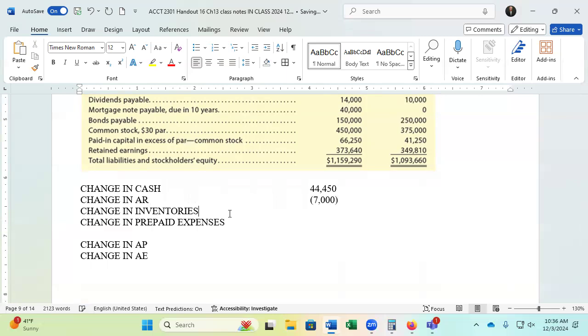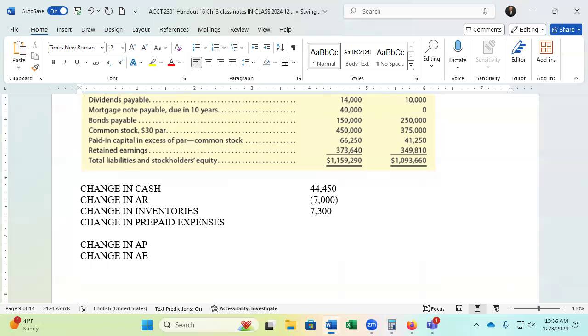Now keep in mind, this might not be the direct effect. When I put it into the income statement, I'm just recording the changes here. What was our change in inventories? Okay, 7,300.